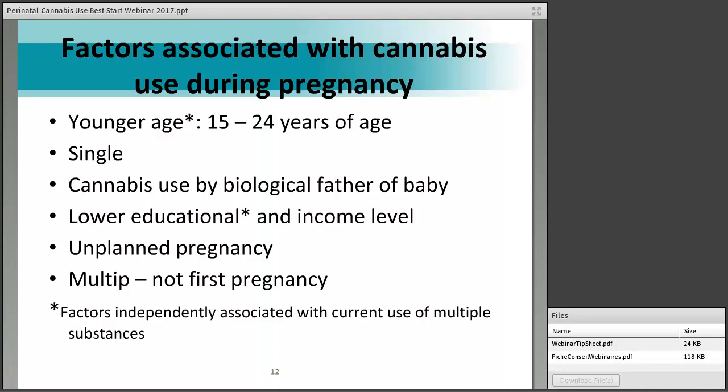And so we know that this is 30% more likely among that population of women than those who actually completed high school. If it's an unplanned pregnancy, there would be a higher risk of exposure, and also in multiples. So individuals who are certainly falsely, I would say, reassured from a first pregnancy that they think that it's okay to continue using even in future pregnancies.